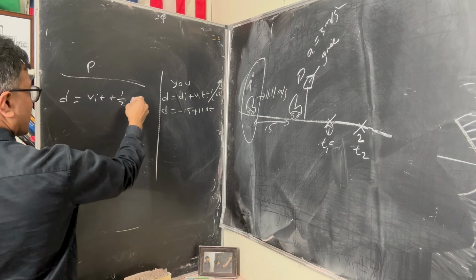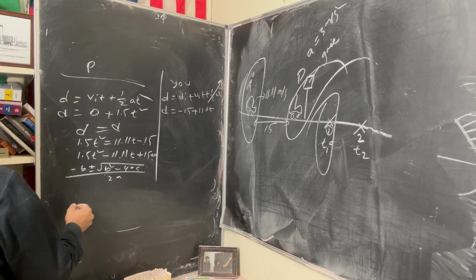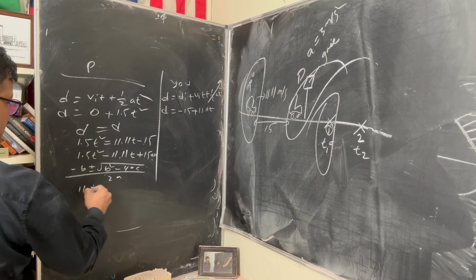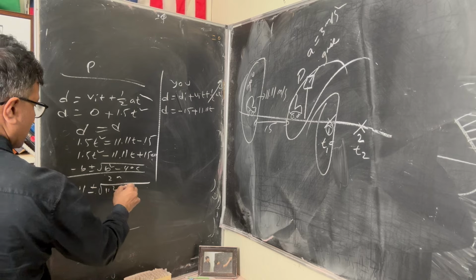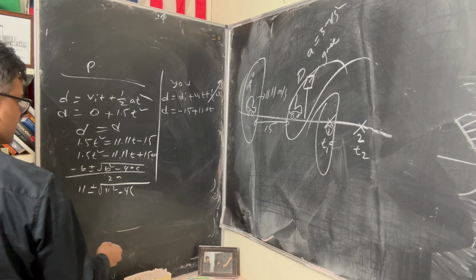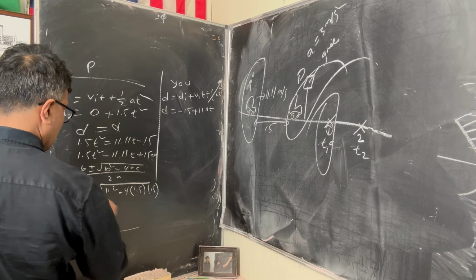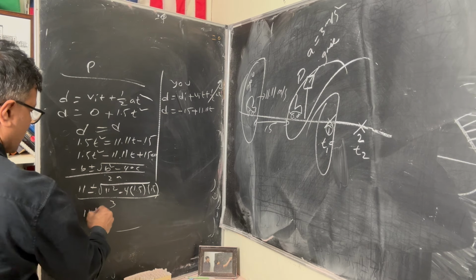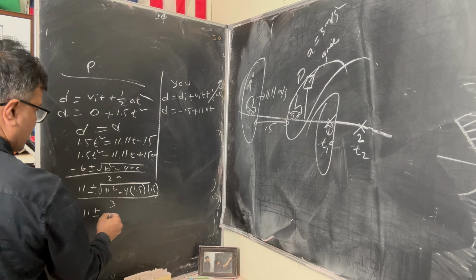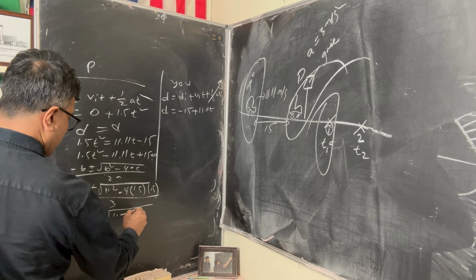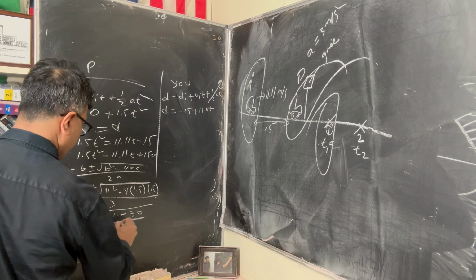So the quadratic formula is going to save us: minus b plus or minus square root of b squared minus 4ac, over 2a. So this one is going to be 11 plus or minus the square root of 11 squared minus 4 times 1.5 times 15, over 3. So 11 plus or minus the square root of 11 squared minus 90, divided by 3.